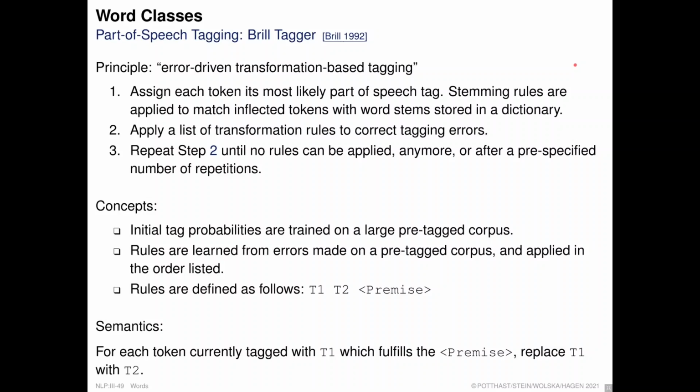In multiple iterations, it transforms the output to correct possible errors, applies rules in an iterative fashion, and tries to correct the previously assigned tags based on context and on what the most likely sequence is at a given point.